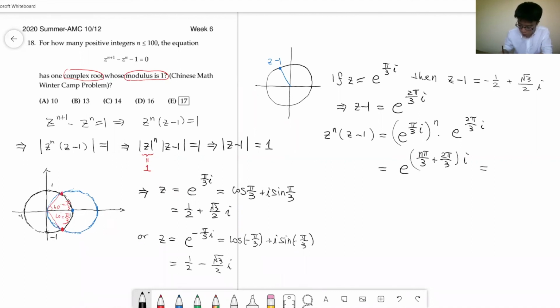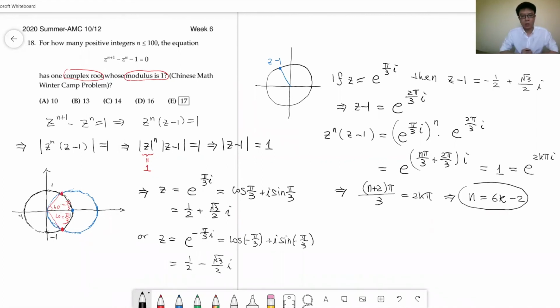And we know this has to be equal to 1. So it equals exponential 2k pi i, k is an integer. So we have (n plus 2) pi over 3 equals 2k pi, k is an integer. That means n equals 6k minus 2. So n has to be 6k minus 2.